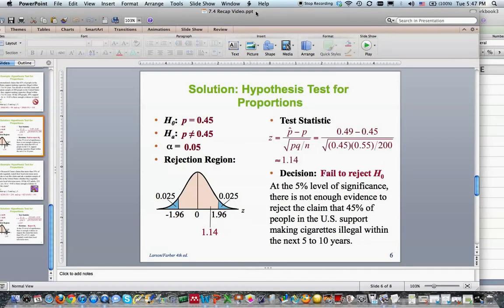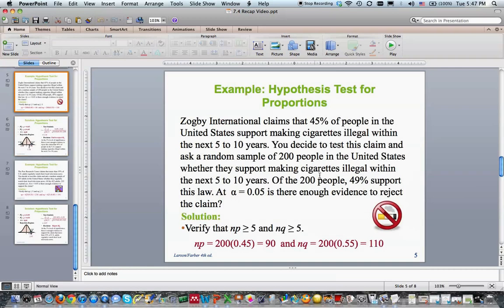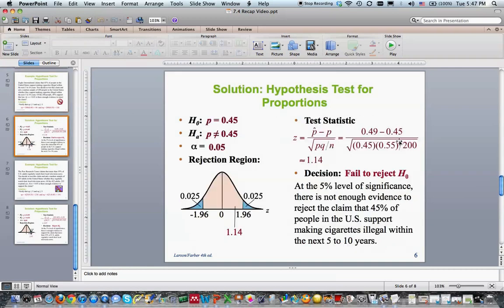So now we fill out our test statistic, which is p hat minus p, over the square root of p times q divided by n. Now, don't forget, q is 1 minus p. So our p hat was 0.49. That's what we found in our test study. As you look back here, of 200 people, you found 49%. So that's 0.49.